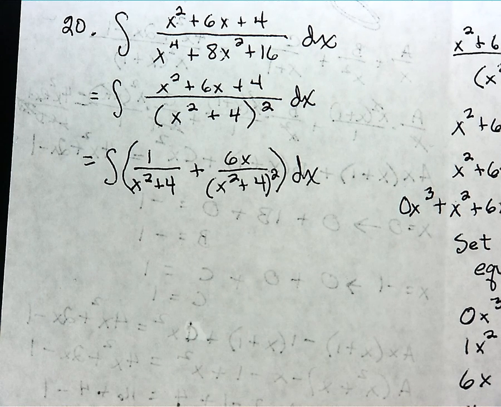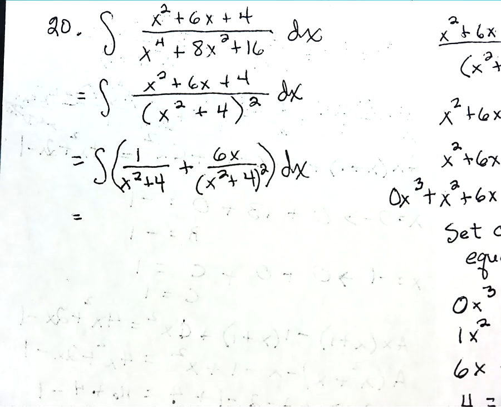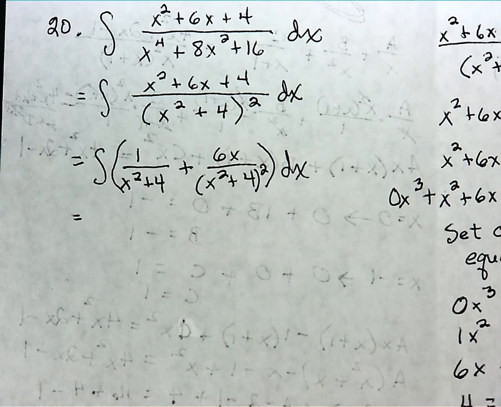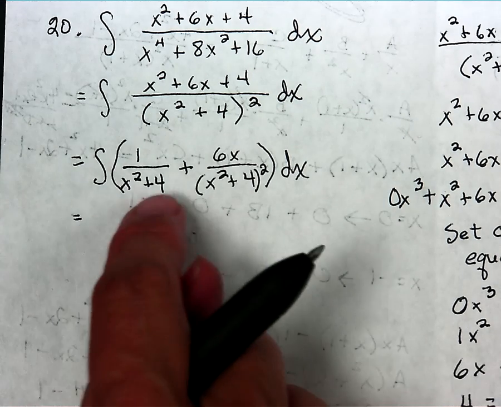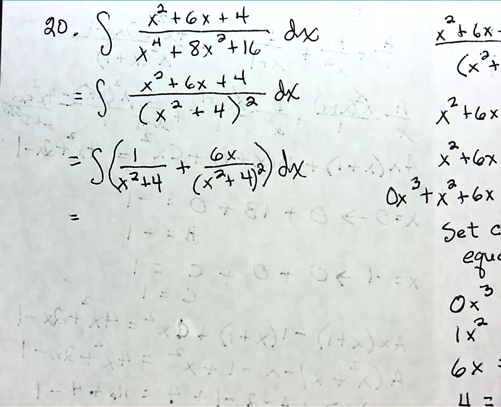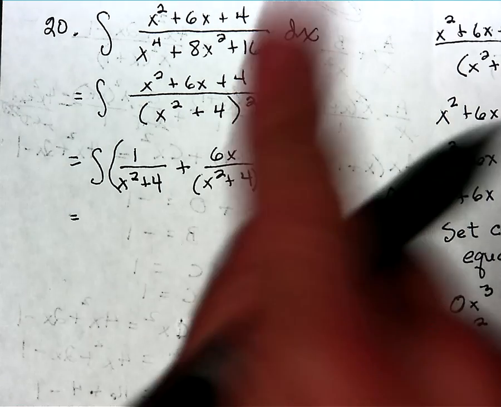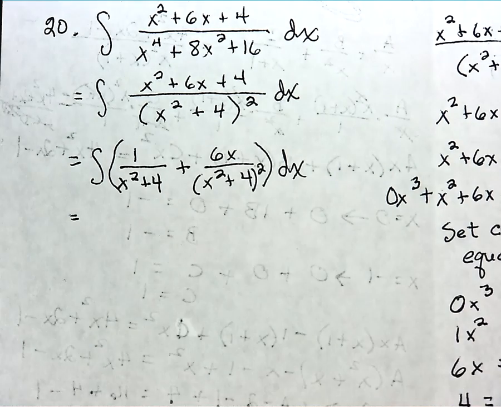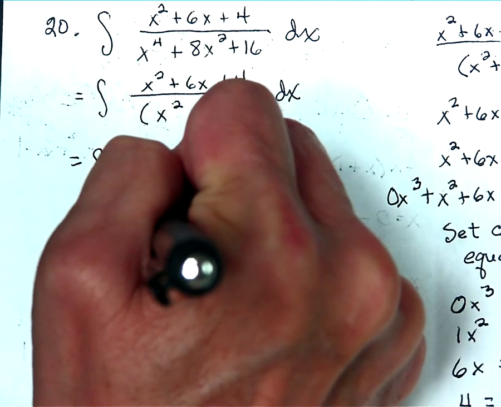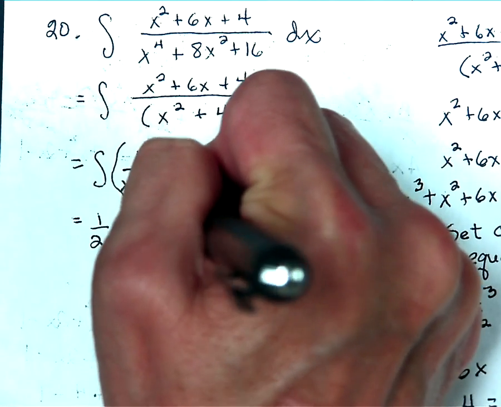Actually, that's not bad. What is the antiderivative of the first term? No, I'd have to have a 2x in the numerator for that to be natural log. That's arctangent again, where u is x and a is 2, so 1 over 2 arctangent u over a.